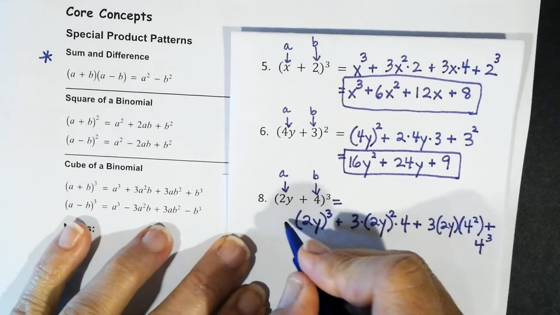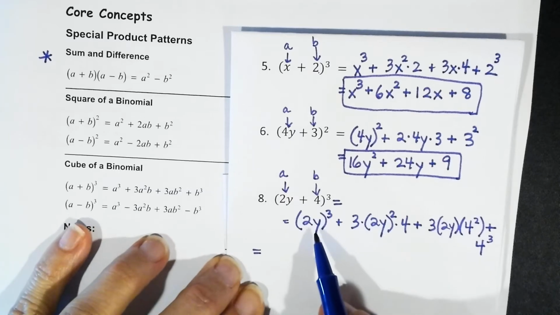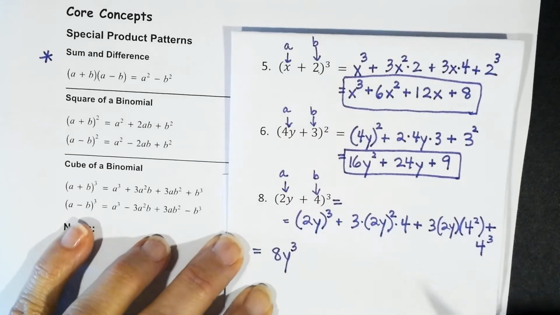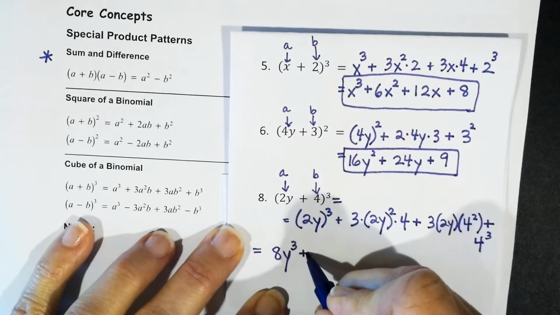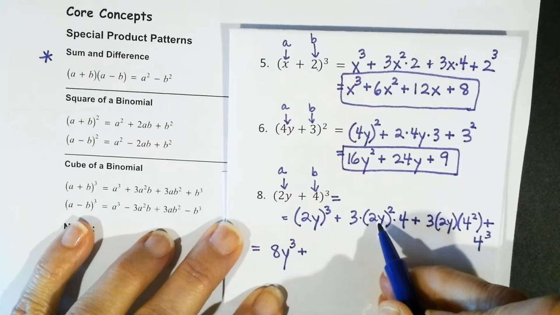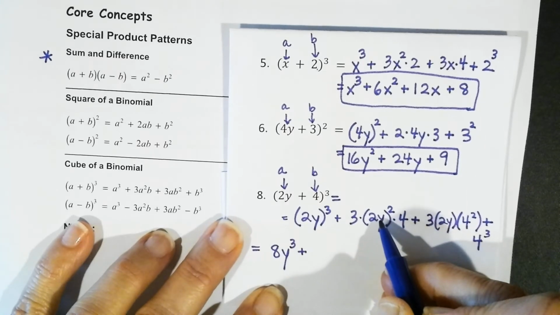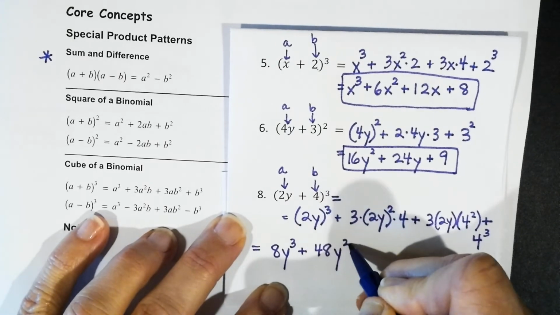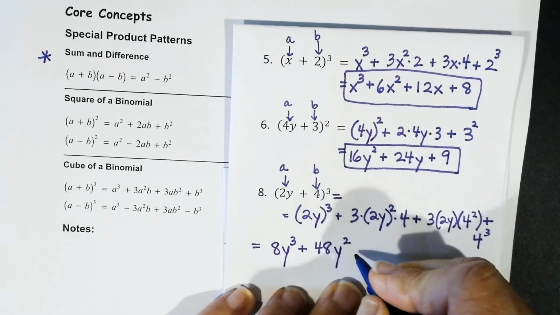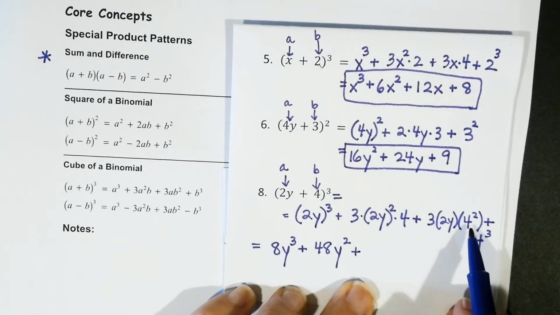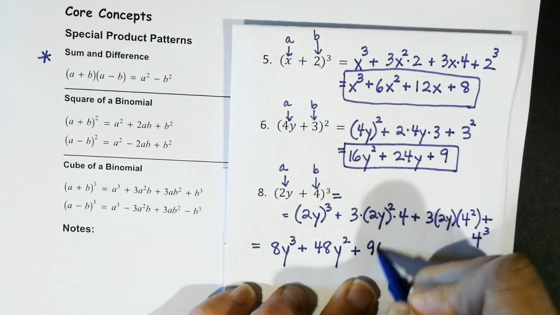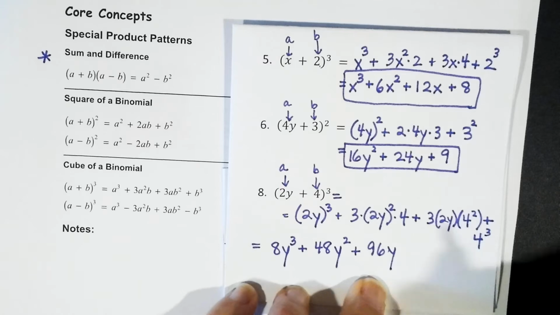So now I can evaluate each part here. 2y times 2y times 2y is 8y cubed plus 2y times 2y is 4y squared times 12. So that's going to be 48y squared plus 4 squared is 16 times 3 is 48. 48 times 2 is 96, and that's a single y.